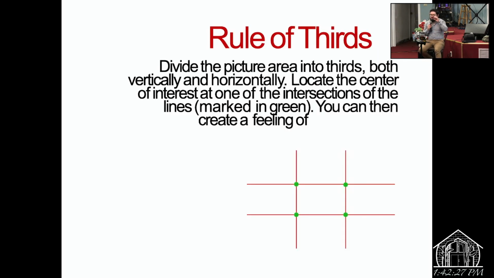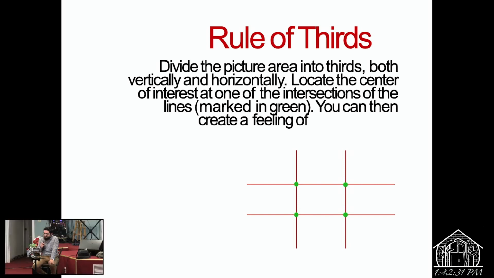So basically, rule of thirds, when you divide the picture into thirds, both vertically and horizontally, locate the center of interest at one of the intersections of the lines, marked in green. So the center is the 4 green points. You can create a feeling of, and it depends. So if you want to make a moody or a bad feeling, you use the rule of thirds to your advantage.